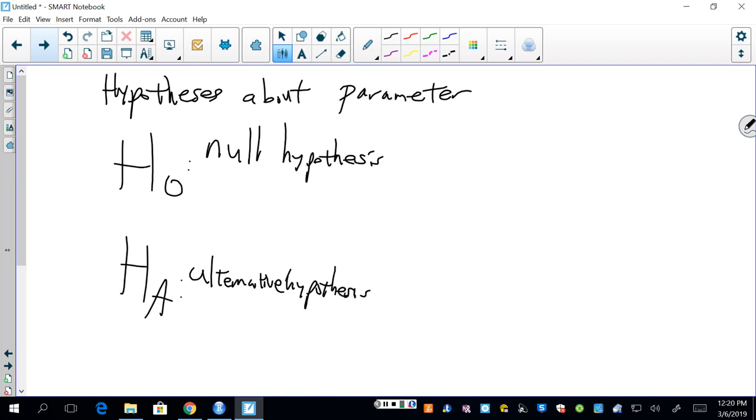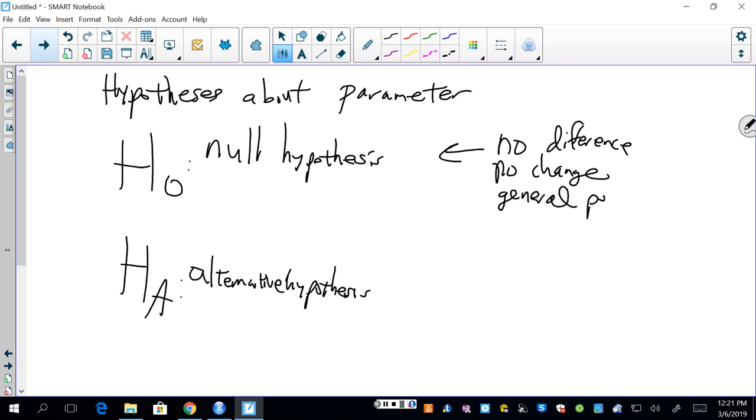And the nature of these is not quite the same. The null hypothesis often stands for no effect, or no difference, or just status quo, everything as it was before. So this one often ends up meaning no difference, no change, or equivalent to what is believed to be the general population value.